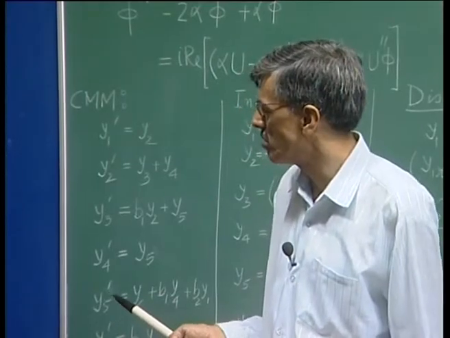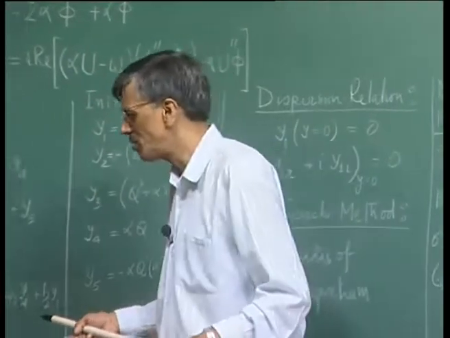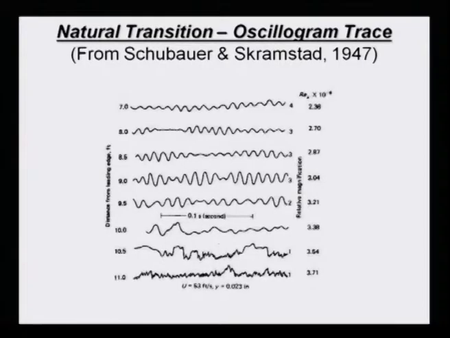The persons who really detected it were a group from USA, and this is that famous paper by Schubauer and Skramstad, which was published after the Second World War. This work was done in and around the onset of the Second World War, but it was published after the Great War.